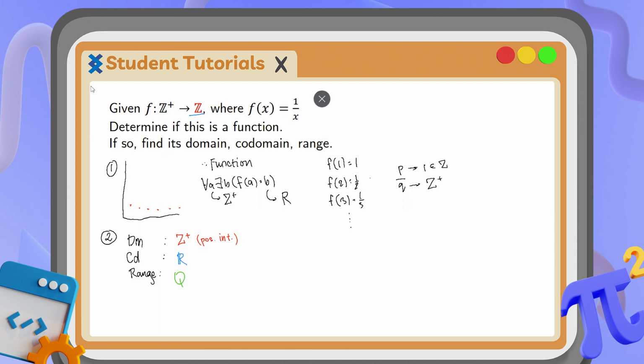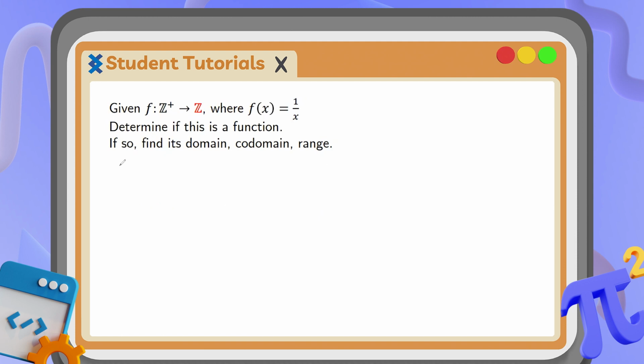So what if it's from positive integers to integers? Again, we need to define whether it's a function or not, and if so, find the domain, codomain, and range. With this, we showed a while ago that our inputs as positive integers generate rational numbers as output.